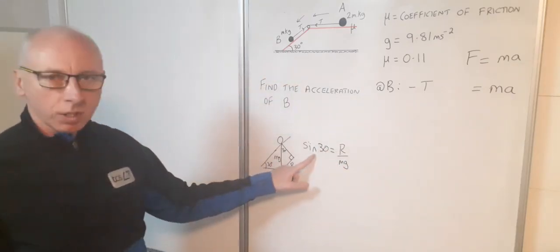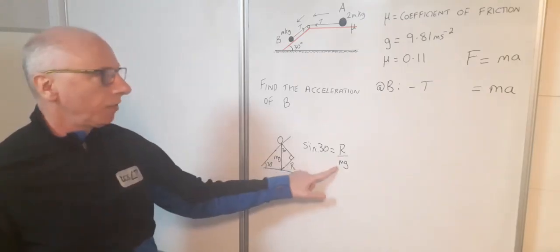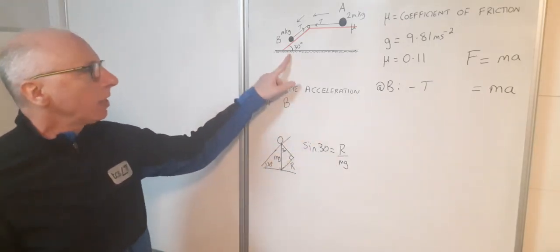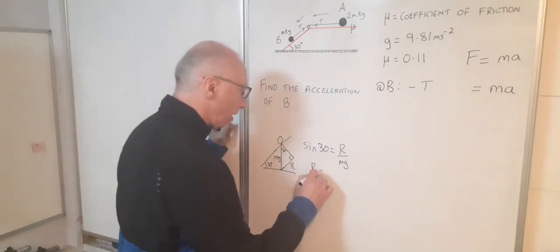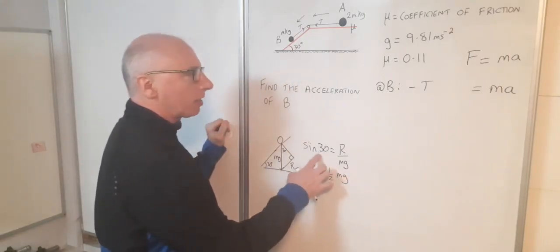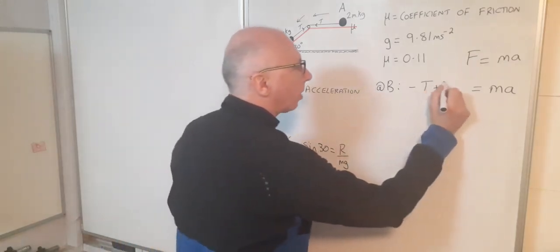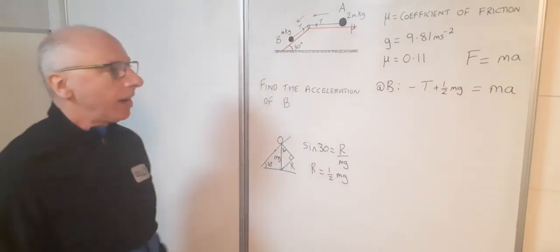And then if we know what sine 30 is, which is a half, we know that this force here is a half of mg. So R equals 1/2 of mg. So just by bringing this across, if I add 1/2 of mg, that will take care of that.